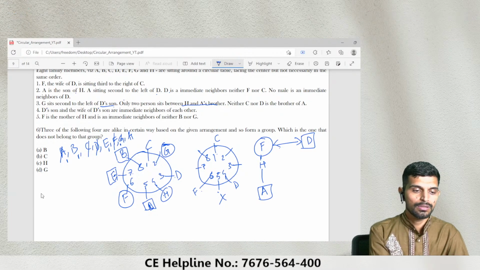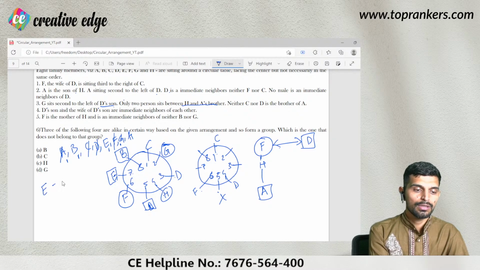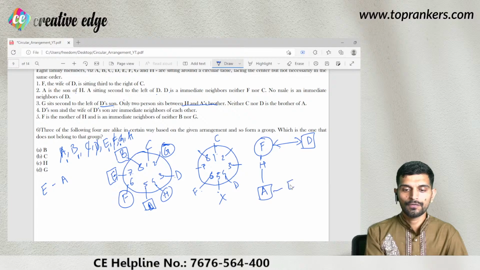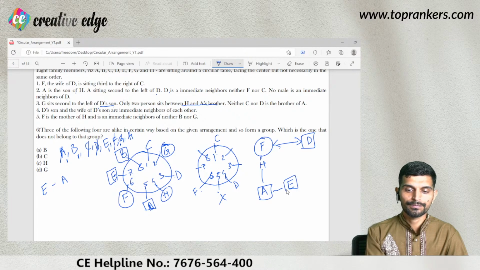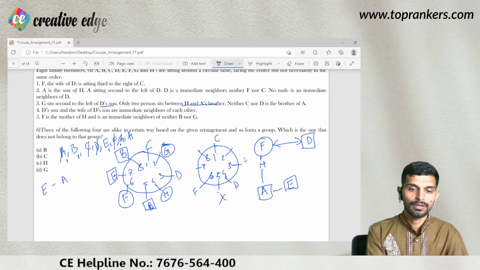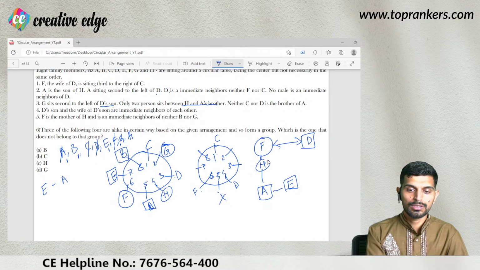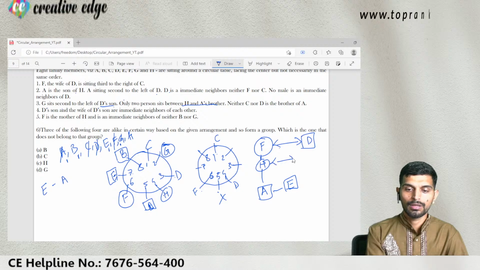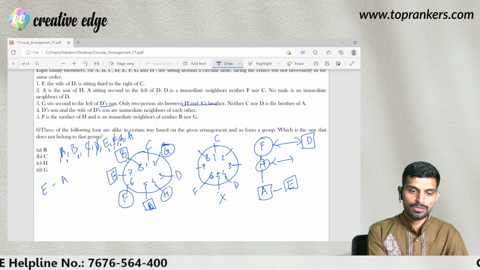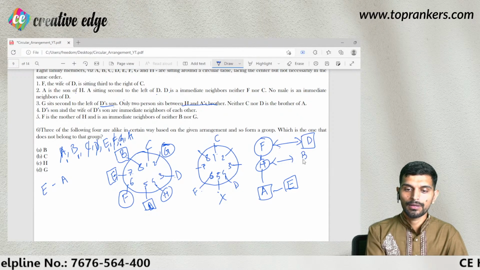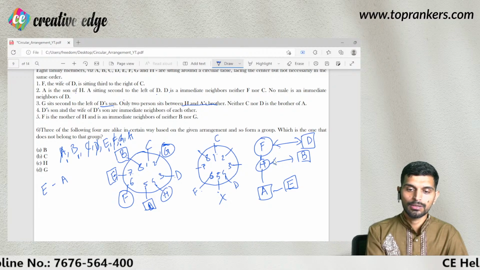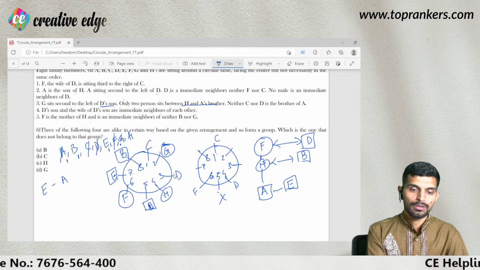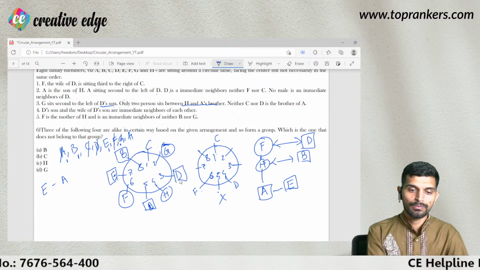E, A are brothers. E is brother of A, right? H is their mother and D's son has to be B. D is also male.